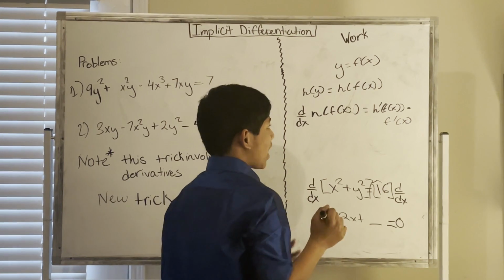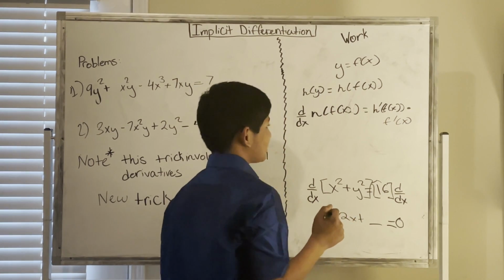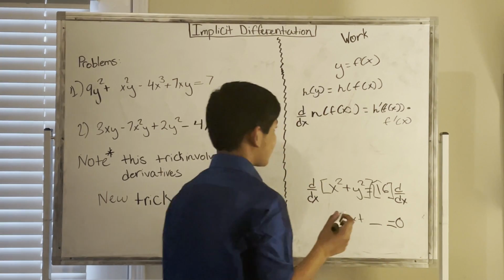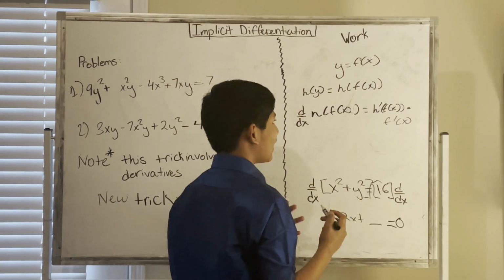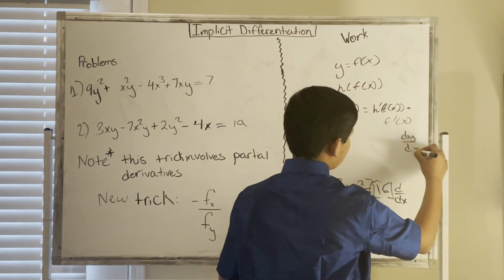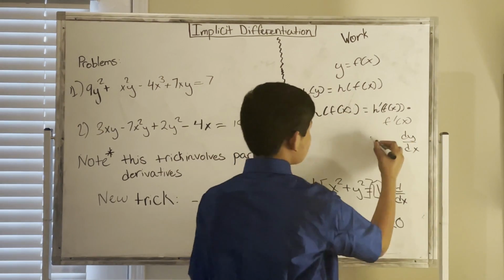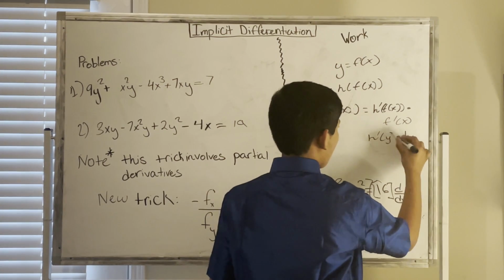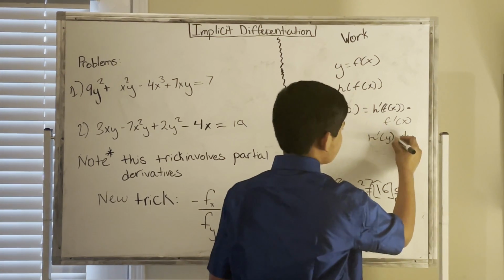Well, h prime of f of x multiplied by f prime of x is going to be the derivative of h of f of x, and f of x is equal to y, then f prime of x must be dy over dx. And if f of x is just y, this is just h prime of y times dy over dx.